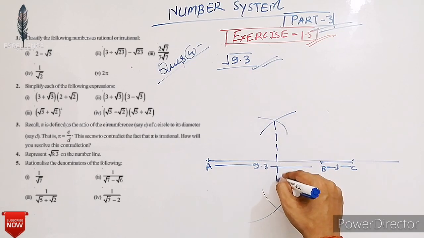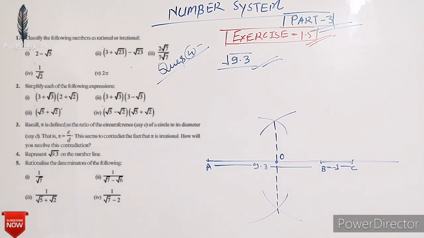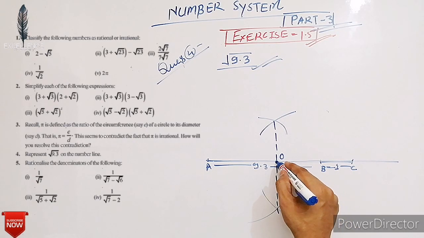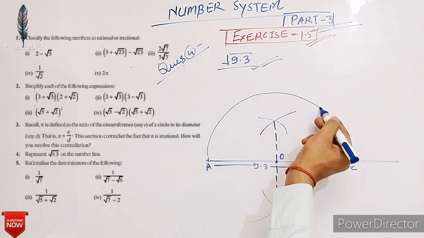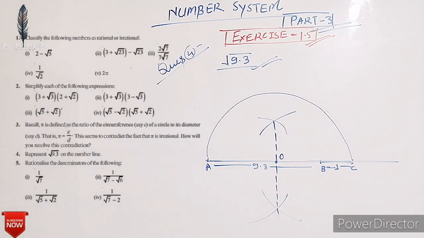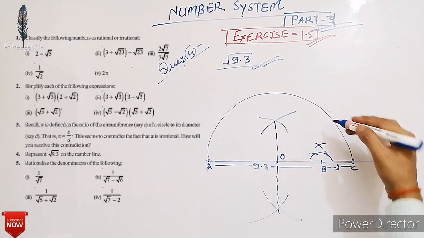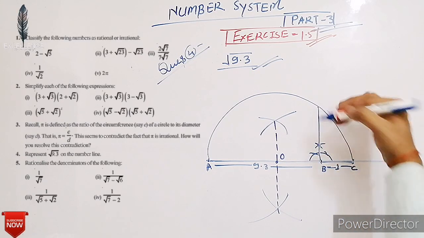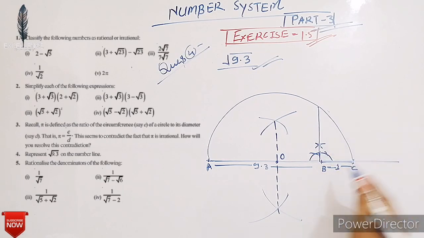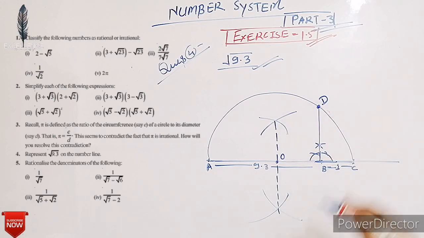Join these points. Mark the midpoint of AC as O. Now draw a semicircle with radius OA or OC. Draw a line perpendicular to AC passing through B, cutting the semicircle at D.